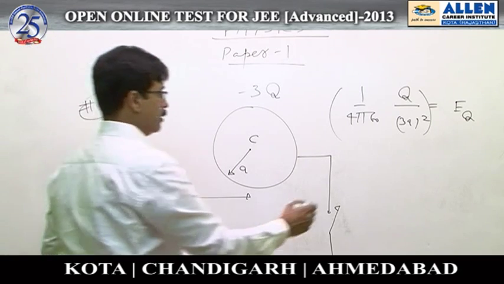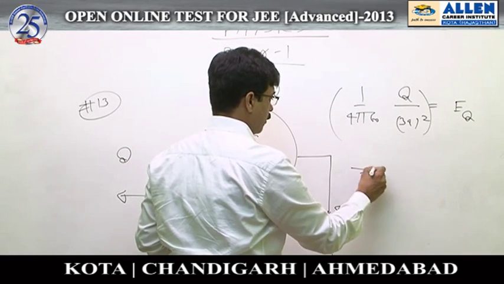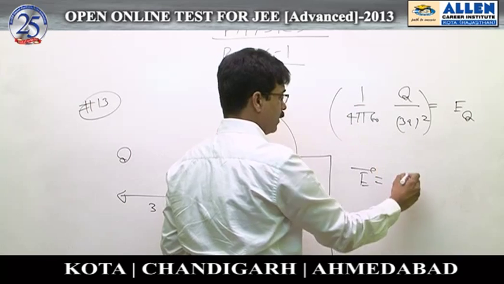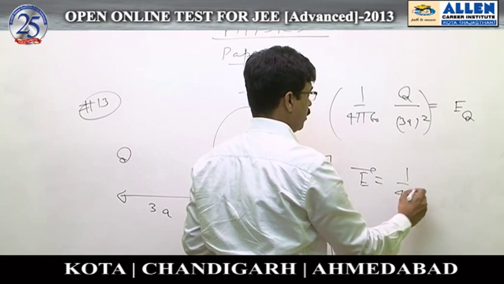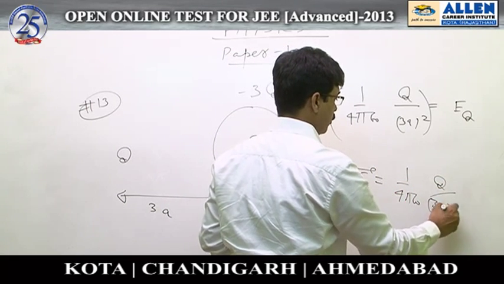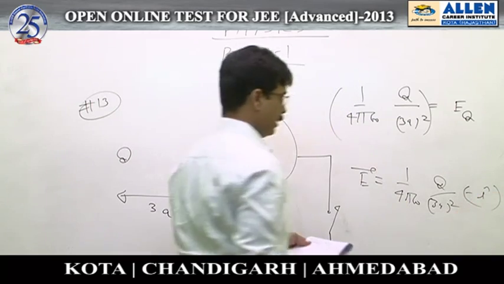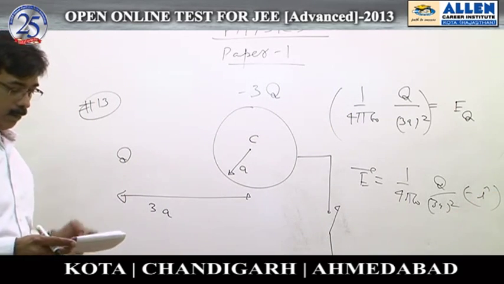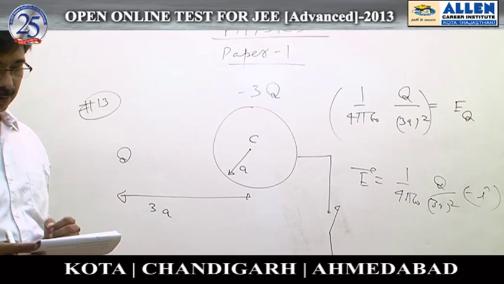That means the required field vector is the negative of this vector, Q upon 4 pi epsilon naught (3a) whole square, in the minus i cap direction. That means option A is correct.